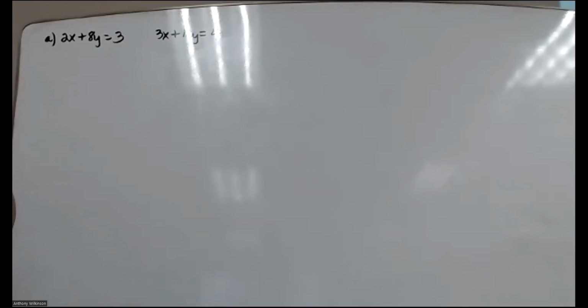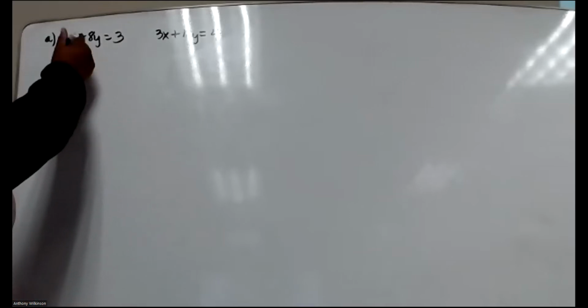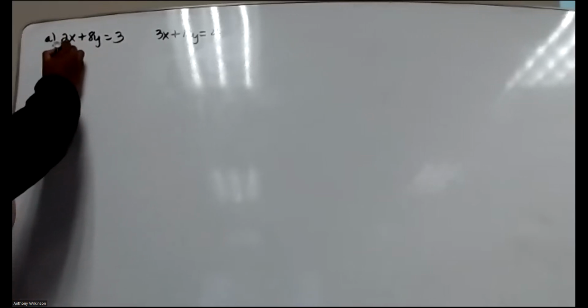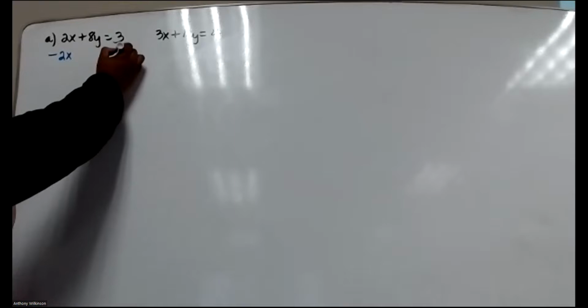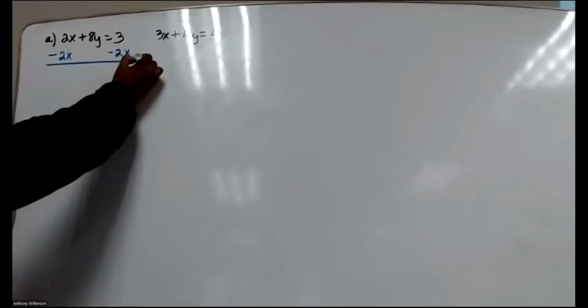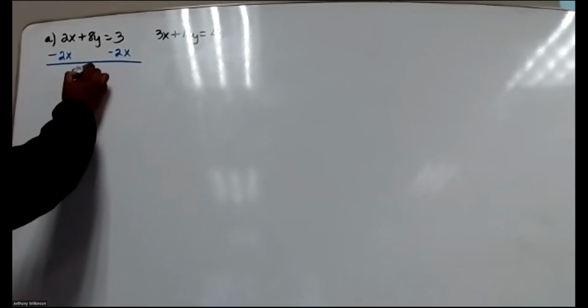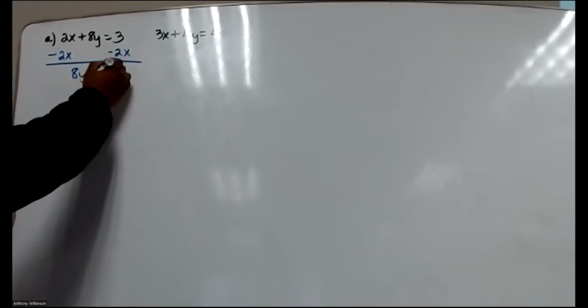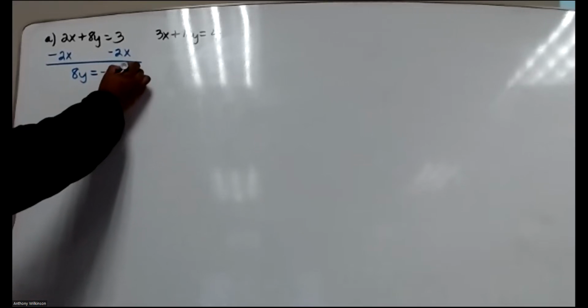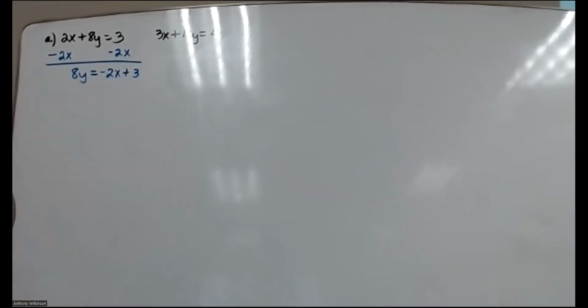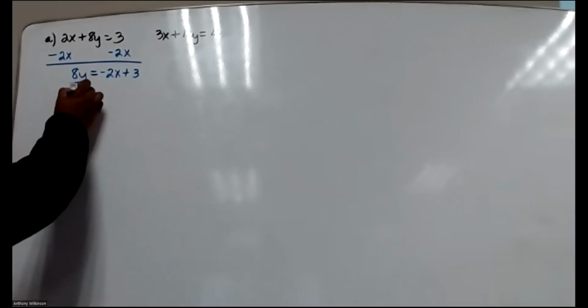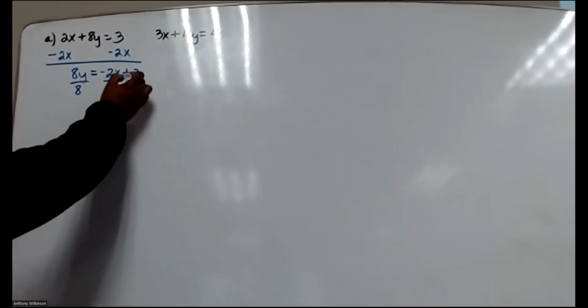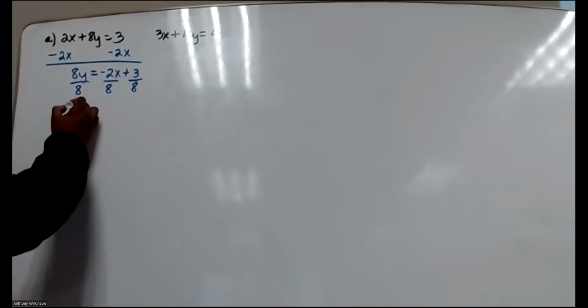I started with 2x plus 8y is equal to 3. So to get the 8y by itself, I need to subtract 2x on both sides. So that means I have 8y is equal to negative 2x plus 3. So to solve for y, we divide each and every term in that equation by 8.